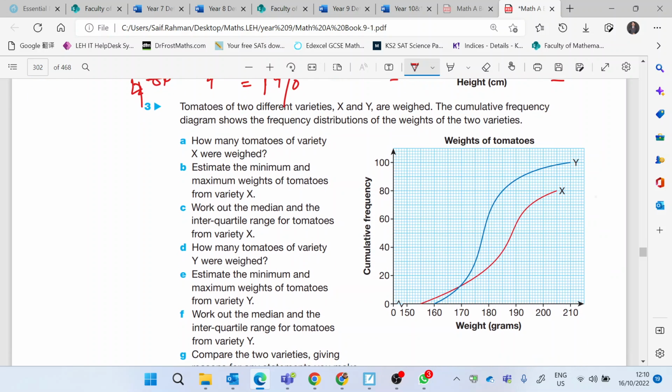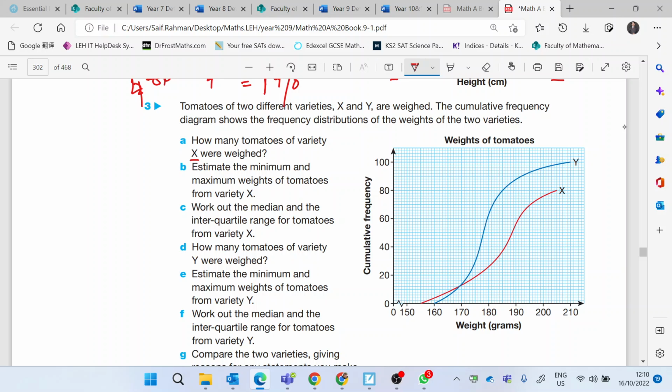We go to the next question. Tomatoes of two different varieties, X and Y, are weighed. The cumulative frequency diagram shows the frequency distribution of the weights of the two varieties. How many tomatoes of variety X were weighed? Okay.